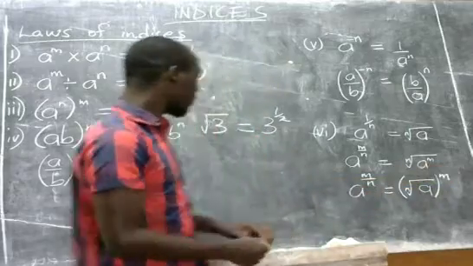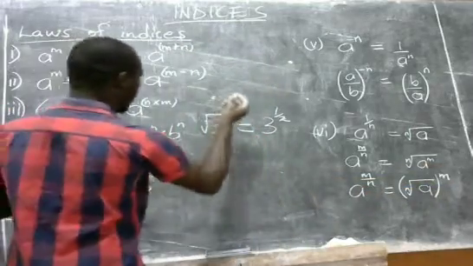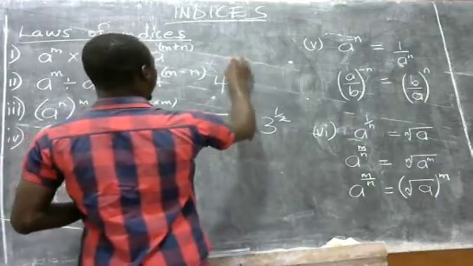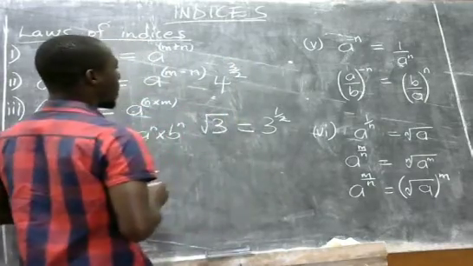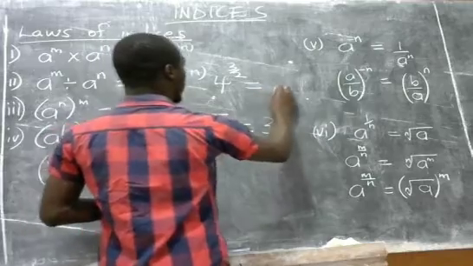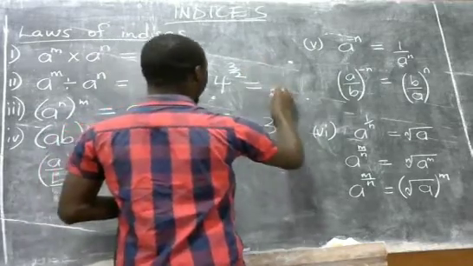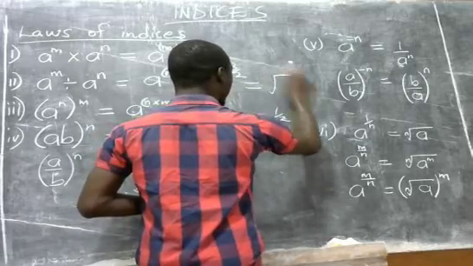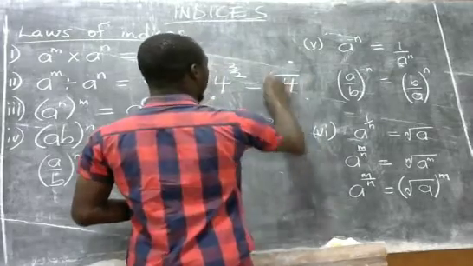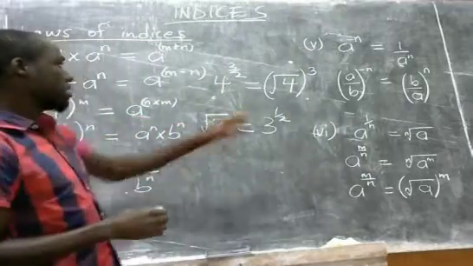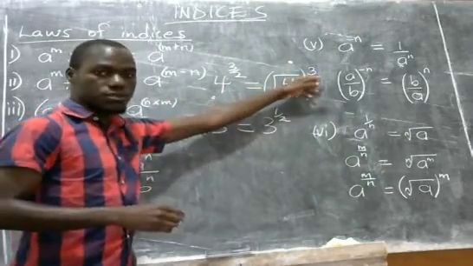For example, if I have 4 power 3 all over 2, the power 1 all over 2 is going to be the root of 4. Then from there, I raise that answer to 3.